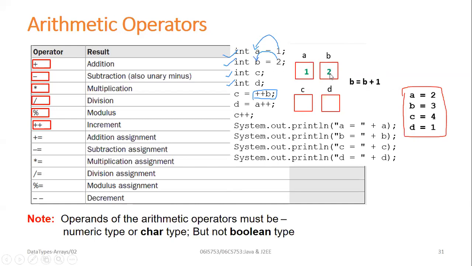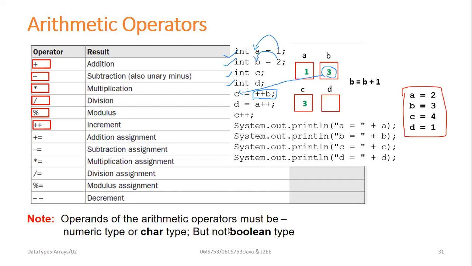Now I've incremented 2 to 3, so B becomes 3. Next, the B value which I got, that is 3, I'm trying to store in C. Now I'll get C as 3, right?